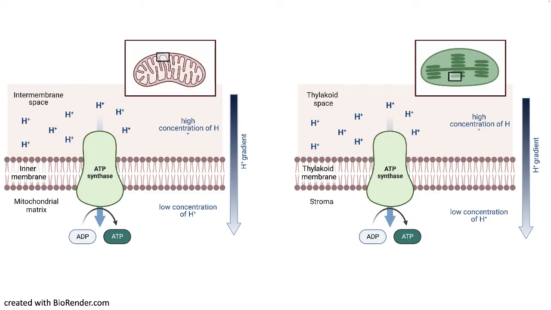Okay, so for chemiosmosis to take place, we are, of course, going to maintain the gradient or concentration difference of hydrogen ions on either side of whatever membrane ATP synthase is embedded in. And we're going to cover how that happens in future videos.